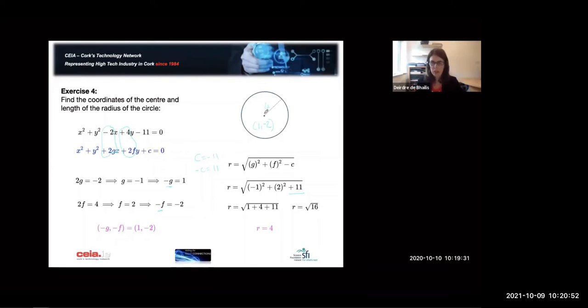So that is generally what we need to do with the equation of a circle. We need to either take information about that circle and generate the equation, or we need to take the equation and extract information about the circle.